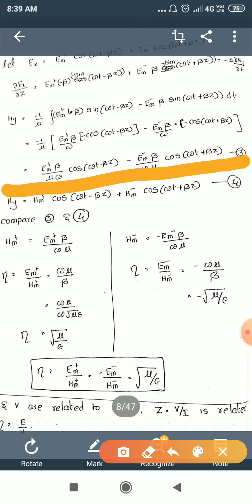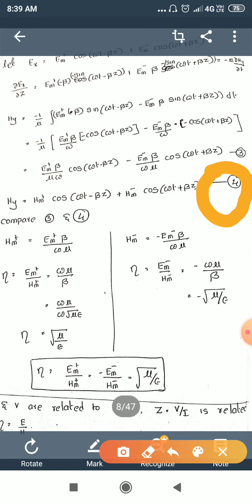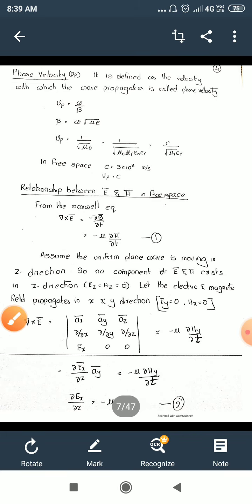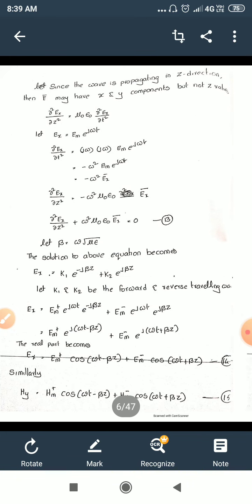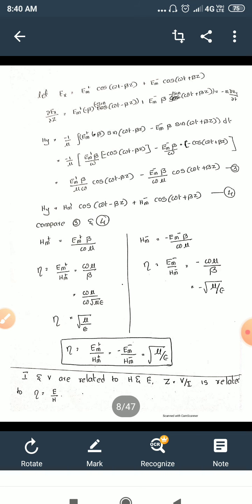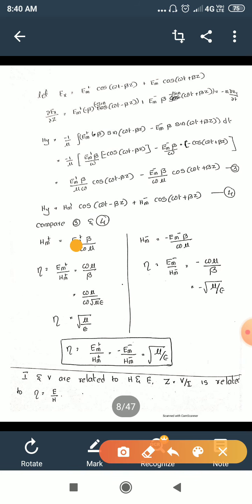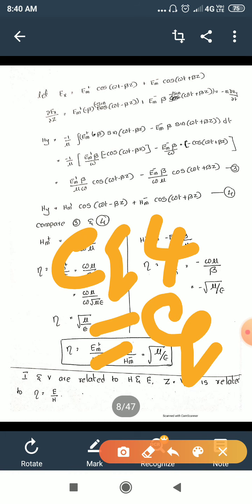Equation 4 means what we had previously. Look at here. Equation 4 is nothing but equation 15.